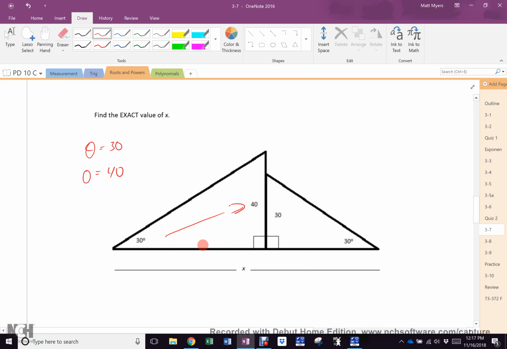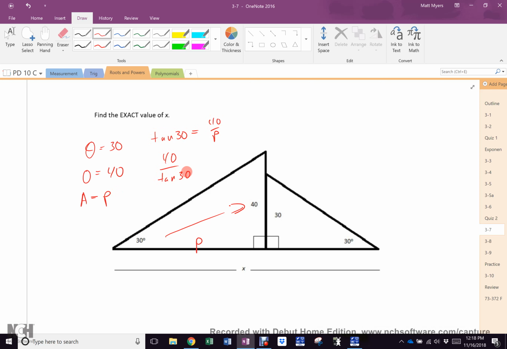And that would have given you your adjacent equaled this part of x. So let's call that p. Your adjacent was p. So it would have been what? Tan theta equaled opposite 40 over p, yes? Which would have been 40 over tan 30. Yeah? Okay. That's one thing you could have done.